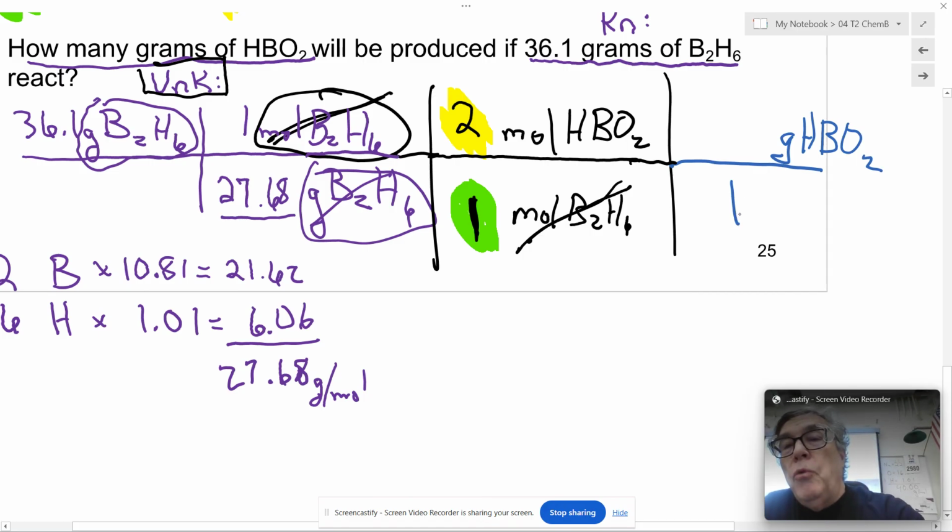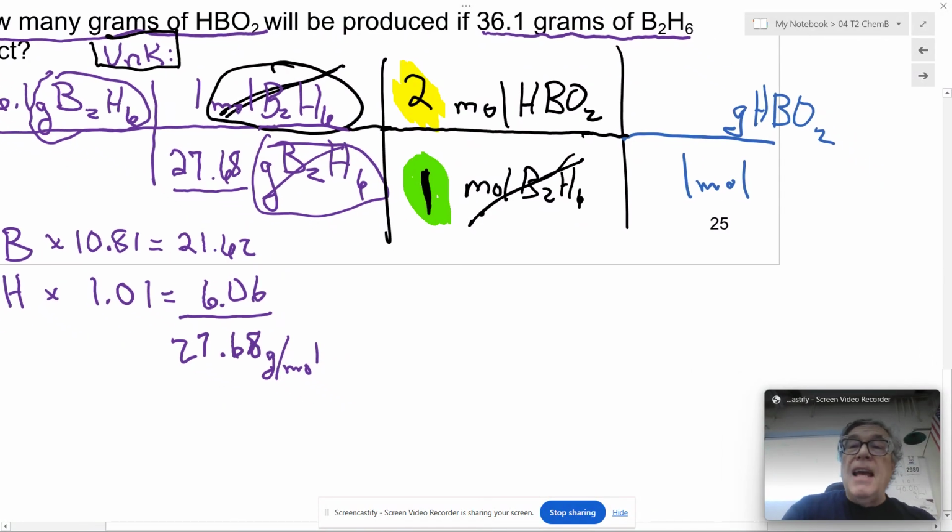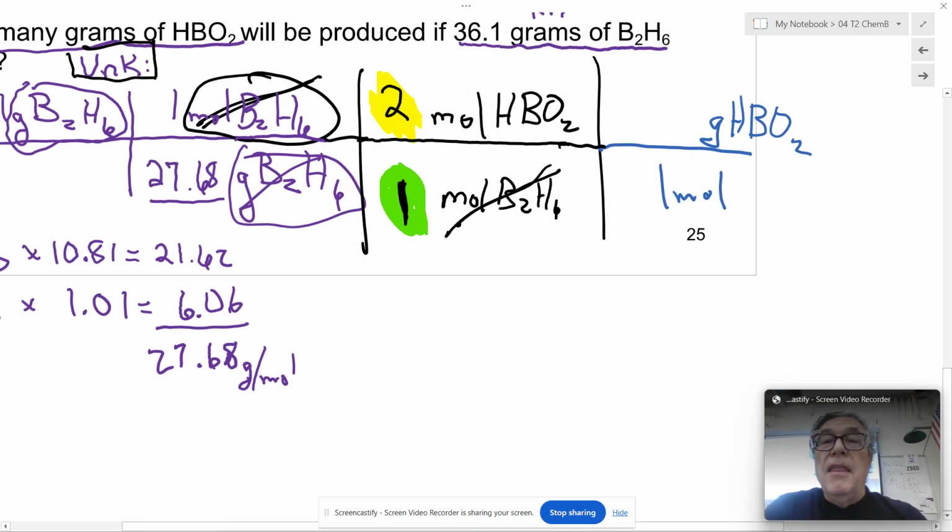And we want the grams per mole. And you remember that's called the molar mass. So we have to calculate somewhere the molar mass of HbO2. So that's 1 hydrogen, 1 boron, and 2 oxygen.